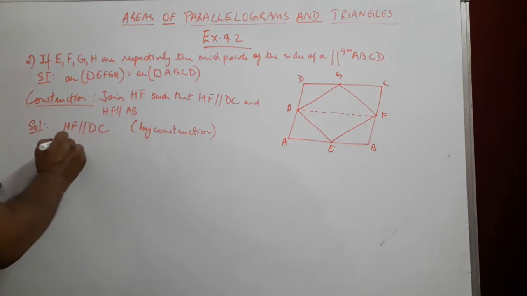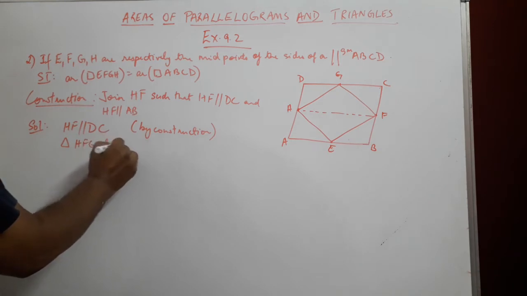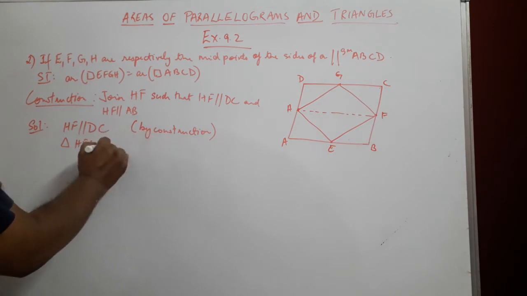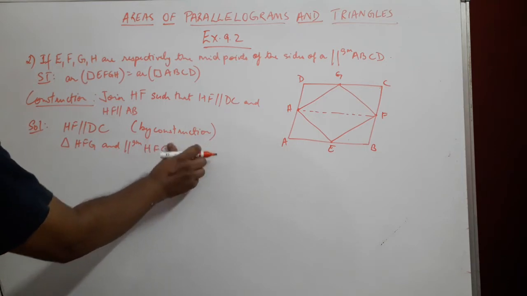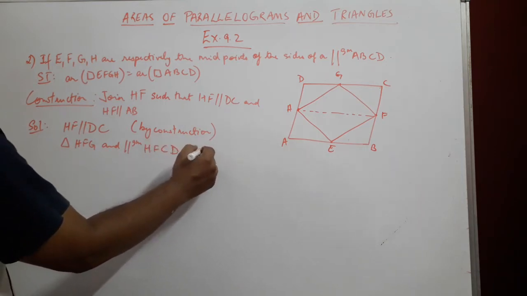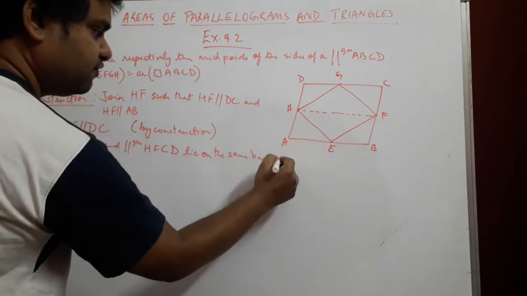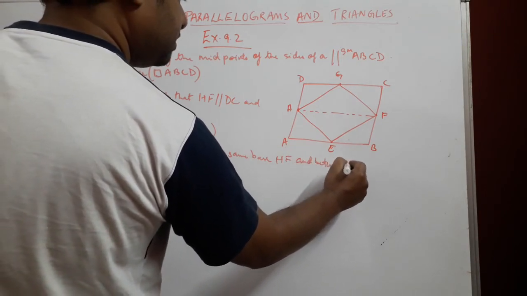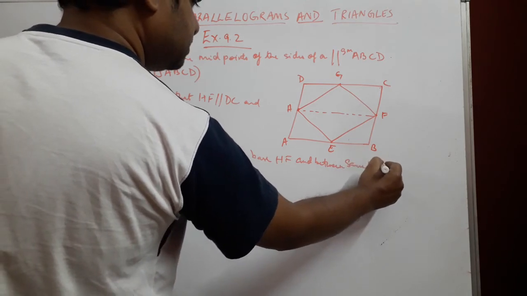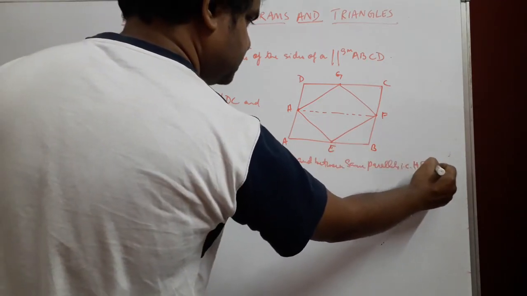Triangle HFG and parallelogram HFCD lie on the same base, that is HF, and between the same parallels, that is HF parallel to DC.